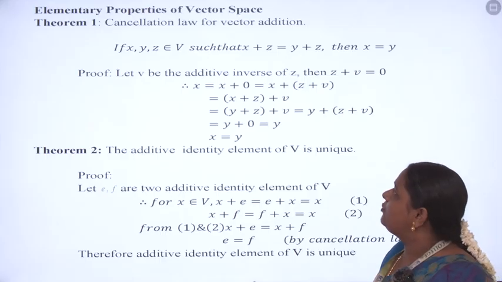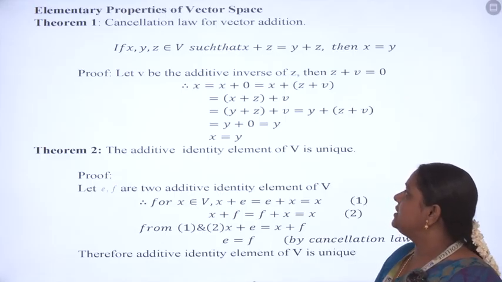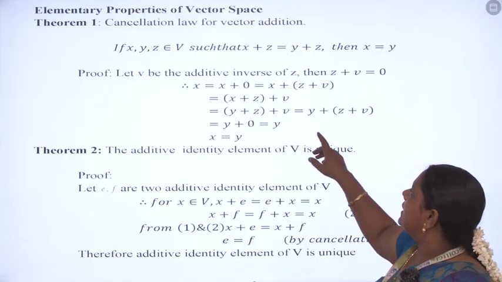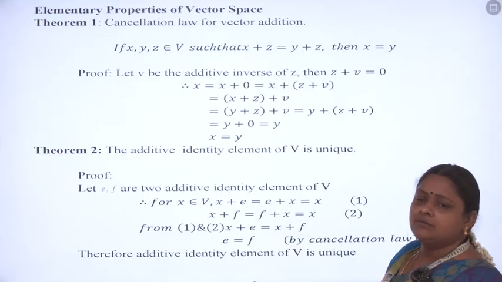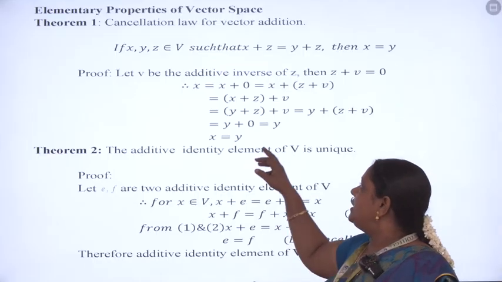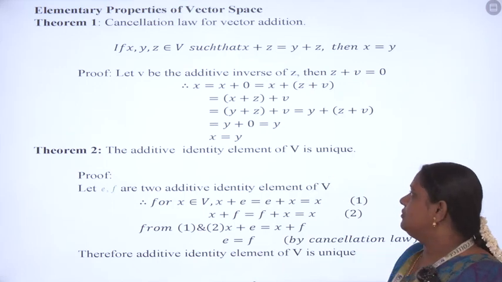Then some elementary properties of vector space. First theorem, cancellation law for vector addition. If x, y, z belong to V such that x plus z equals y plus z, then x is equal to y. Proof: let b be the additive inverse of z, then z plus b equals 0.